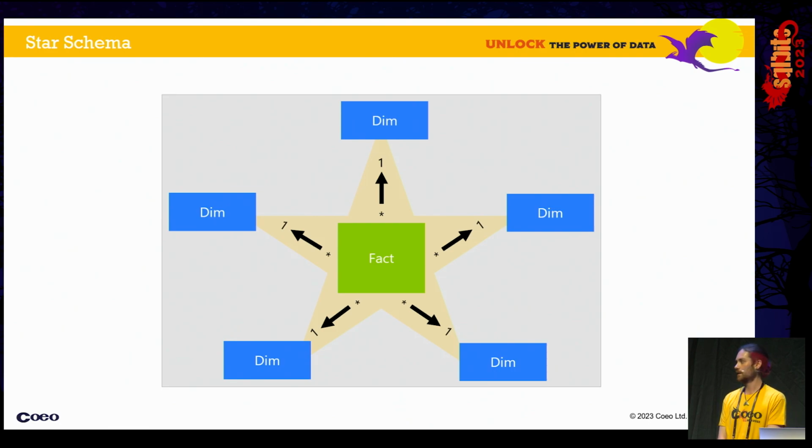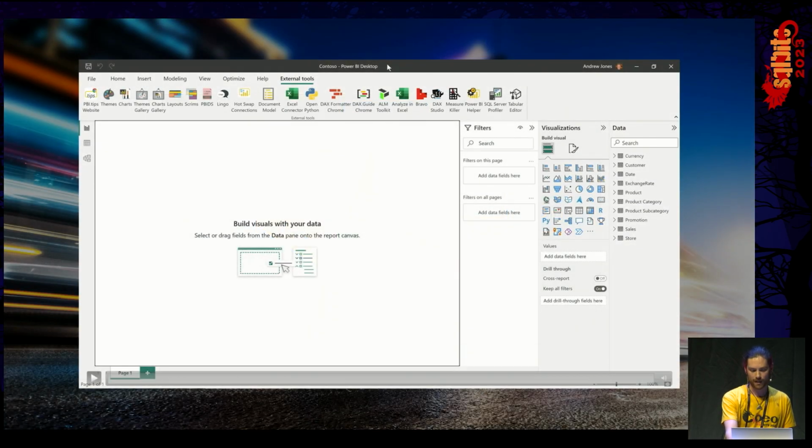Another thing to look at when you want to examine your model is how it's using storage. We've got a quick demo on this slide, demoing how to connect to DAX Studio, which is a very useful tool if you haven't seen it before.